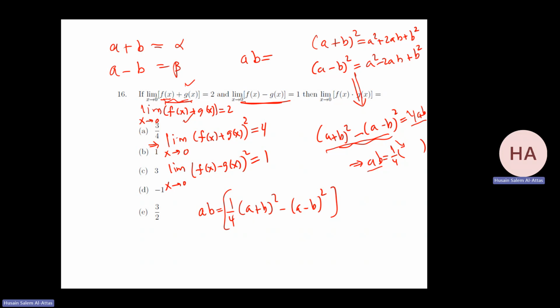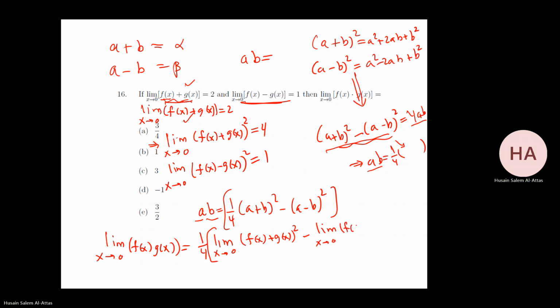That means what? Since I have now let a be f of x and let b be g of x. So what will be the limit as x goes to 0 of f of x times g of x? That will be 1 over 4 of the limit as x goes to 0 of the sum (f of x plus g of x) squared minus the limit of the difference squared.